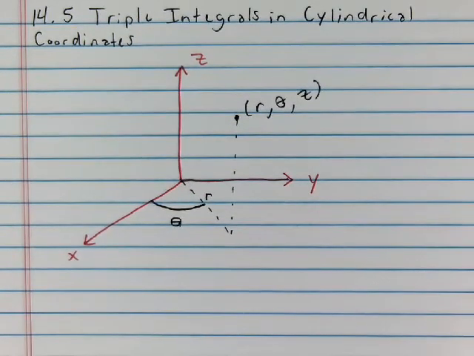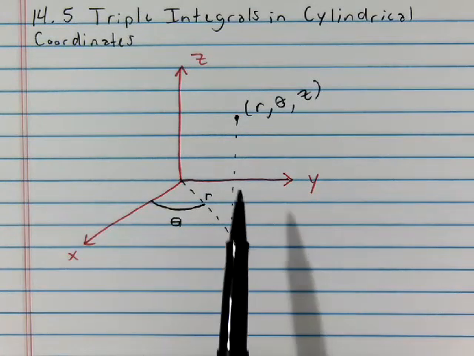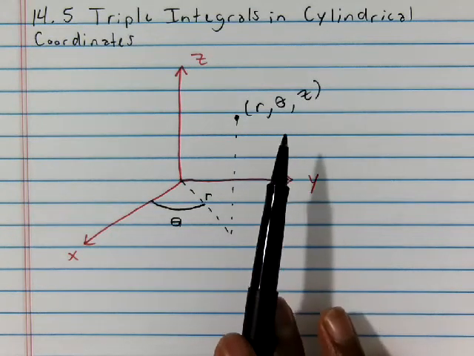So it would be natural for us to want to go back and forth between cylindrical and rectangular coordinates.